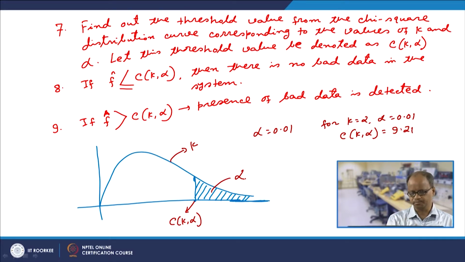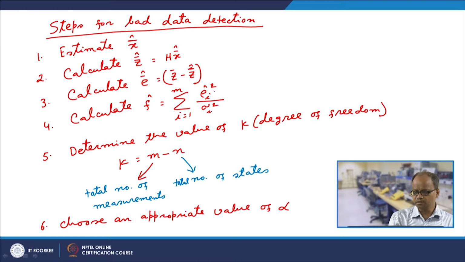Now, we need to understand on what occasion this value of f hat will keep on increasing. Please note that f hat is nothing but this quantity. So this value of f hat will only increase if the value of E I hat increases, since sigma I square is constant. E I hat will only increase if there is a large difference between the actual measurement value and the estimated measurement value.